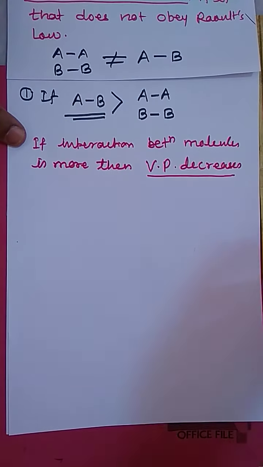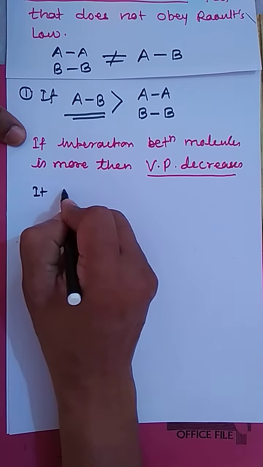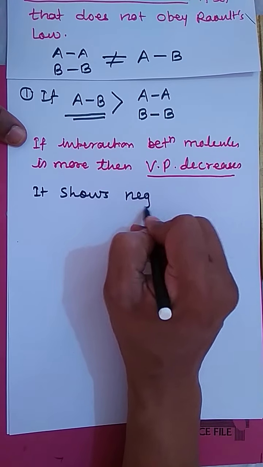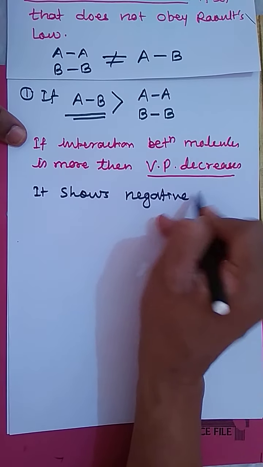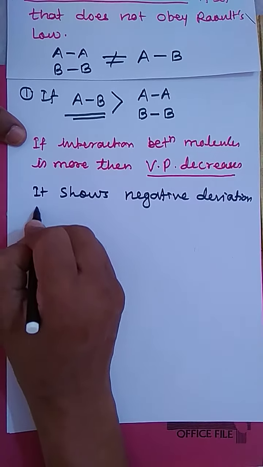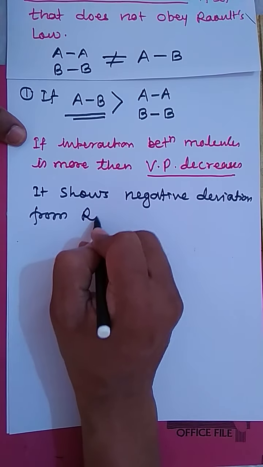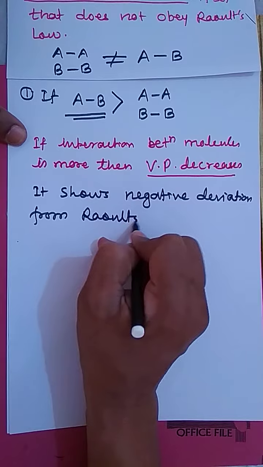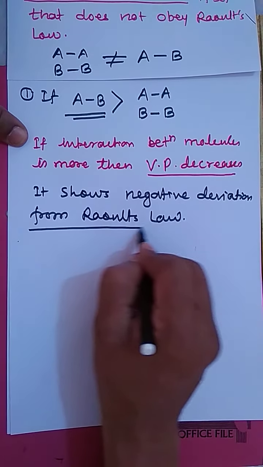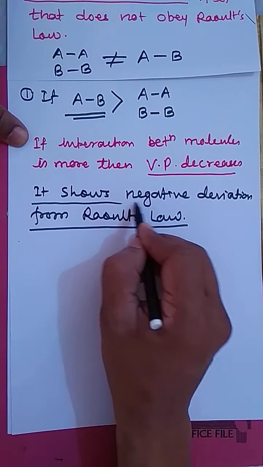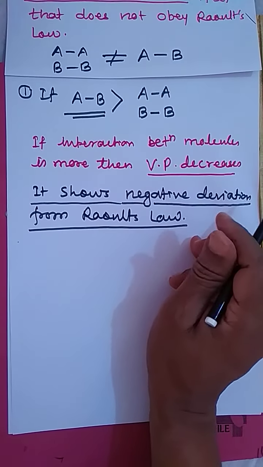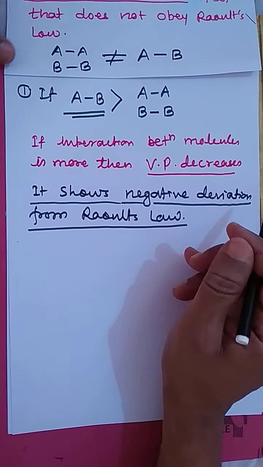So friends, it shows negative deviation from Raoult's law, right? That means vapor pressure is less than expected according to Raoult's law.